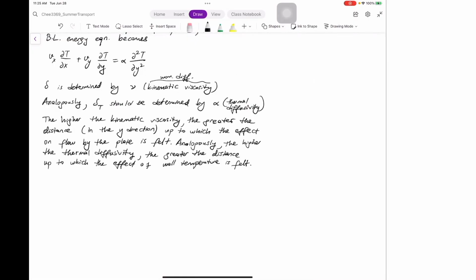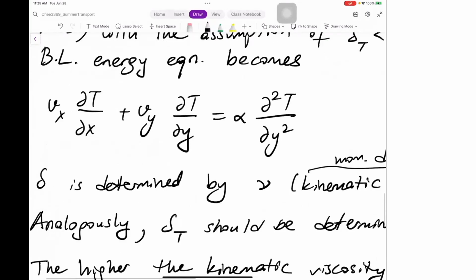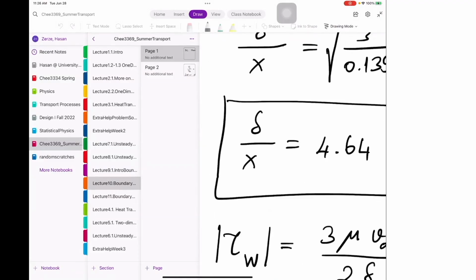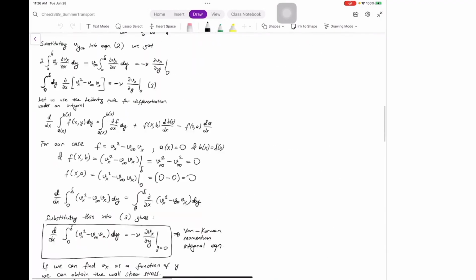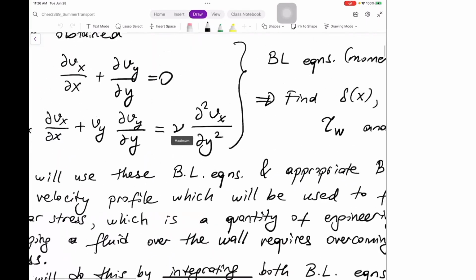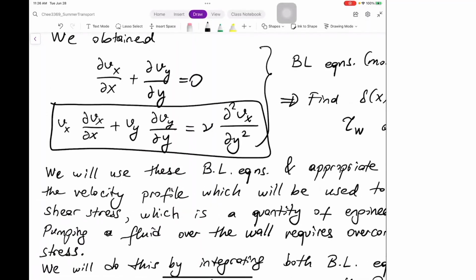Now I want you to actually think about the similarity between the two equations, right? So this equation we derived for the thermal boundary layer, but for the momentum, what was the equation that we had derived? Let's see. We had this equation, right? Have a look at this. It looks very, very similar to our new equation, right?